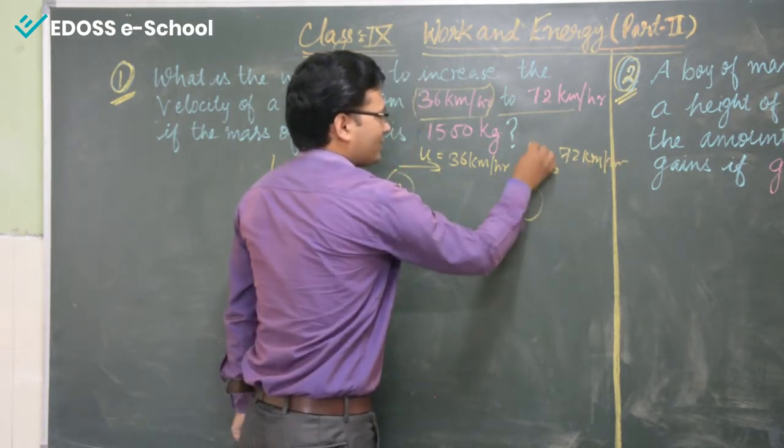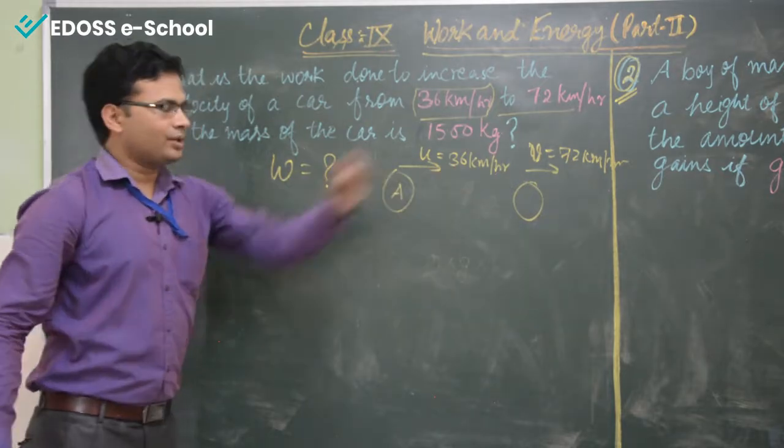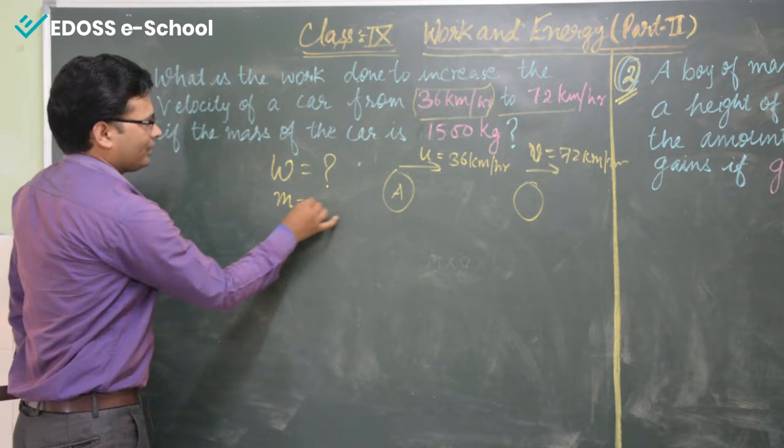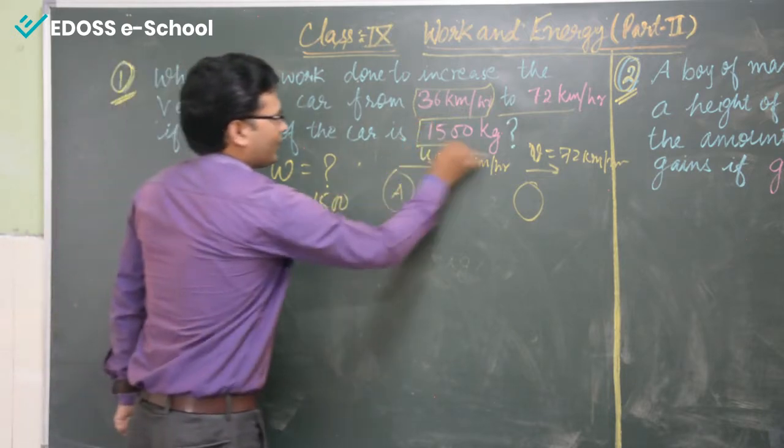So this one is initial velocity to final velocity, and the mass of the body is also given, which is 1500 kg.